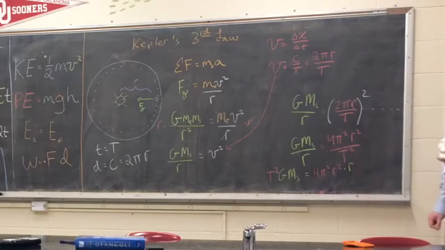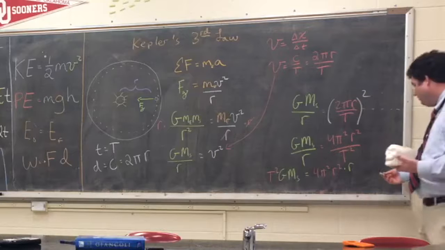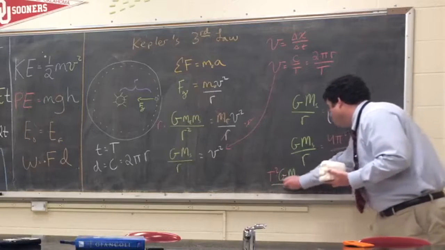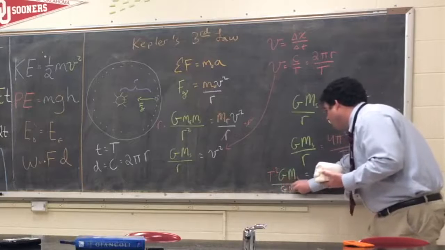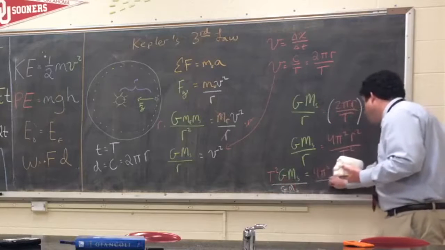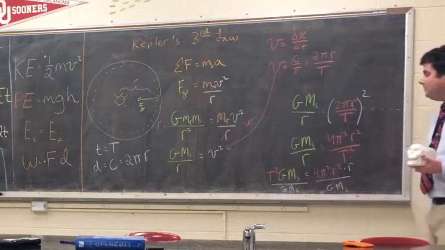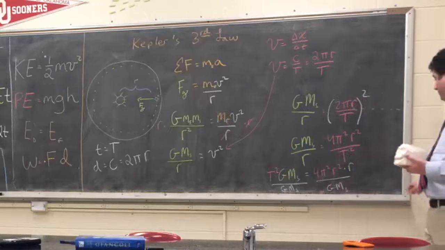That was my cross multiplying. And then I'm going to divide both sides by G Ms. And what I'm left with is Kepler's third law.